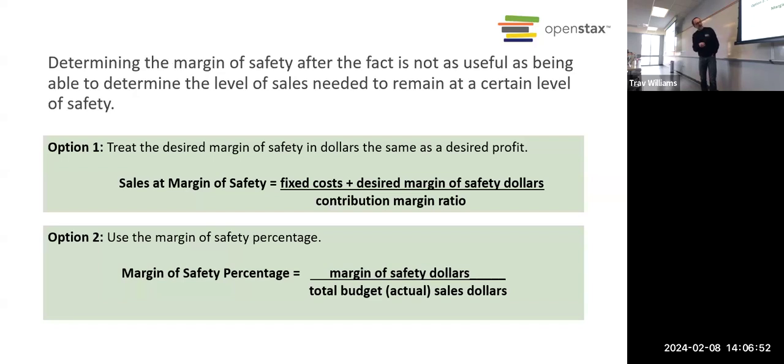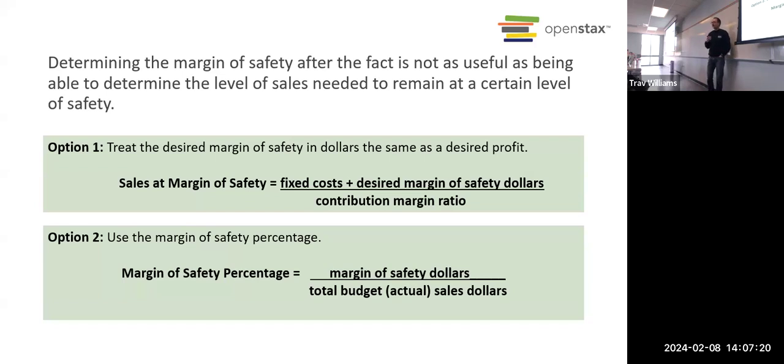Now, notice here, to calculate sales at margin of safety, you take the fixed costs plus desired margin of safety dollars, divided by your contribution margin ratio. That tells you sales at margin of safety. Does that look like another formula we've seen before?